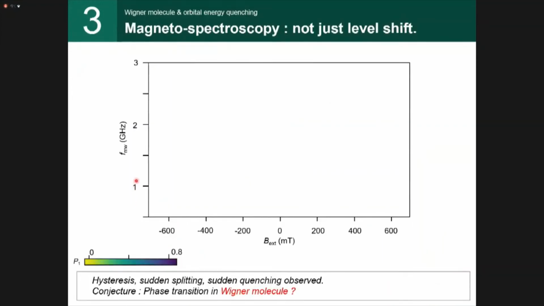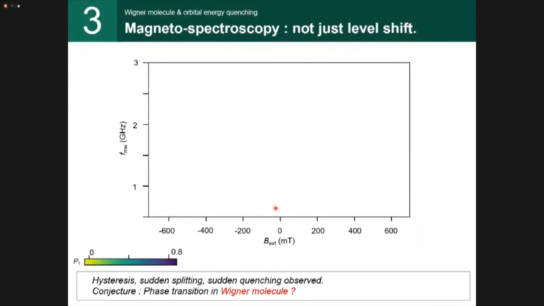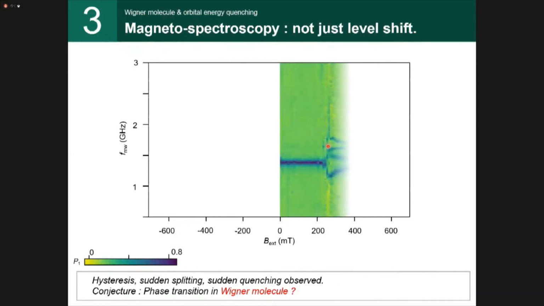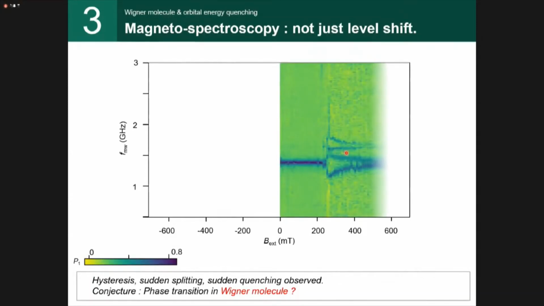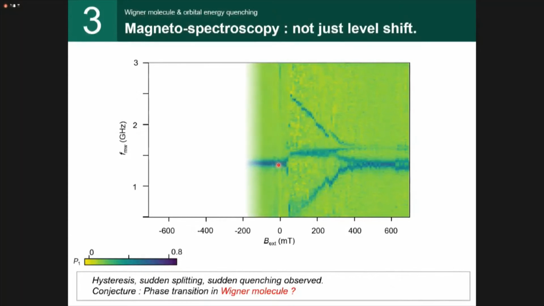What we have done is investigating this energy splitting as a function of magnetic field, and it was really weird. As a function of magnetic field, at some field, it splits into 4, but as you ramp your magnetic field back to 0 again, it goes to a different track and then quenches at lower field.